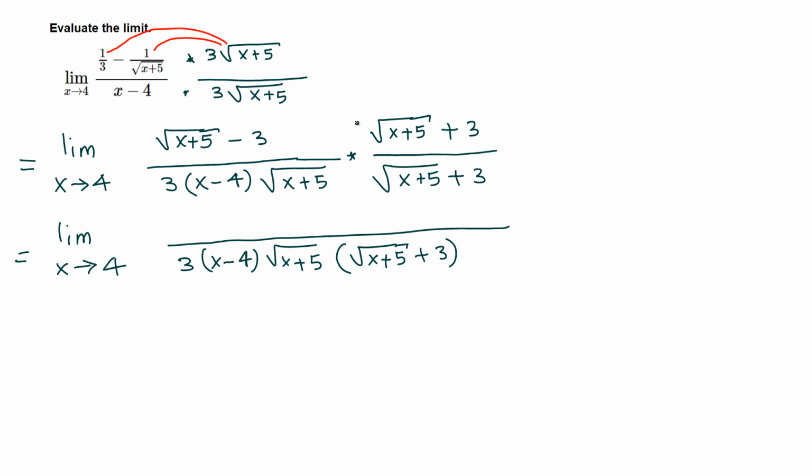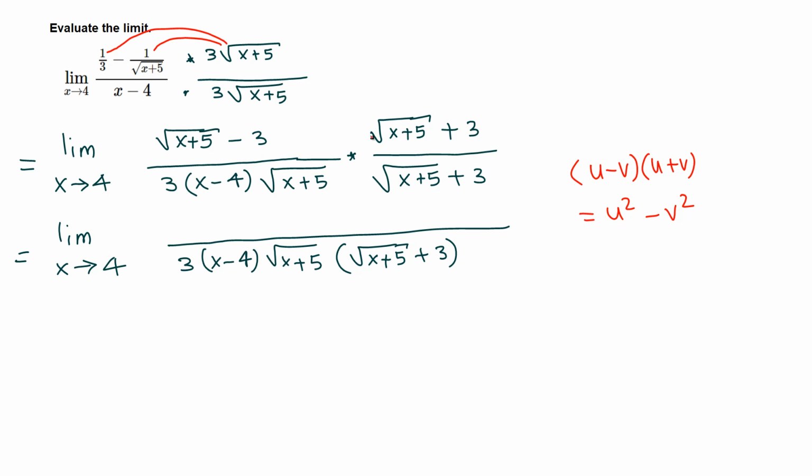On the top, now we multiply. Let me do it over here so that we don't have to write one extra step. This is like u minus v. Conjugate means we are multiplying by u plus v. If we multiply by FOIL, the middle two terms cancel, so u times u is u squared, and we have minus v times v, v squared.